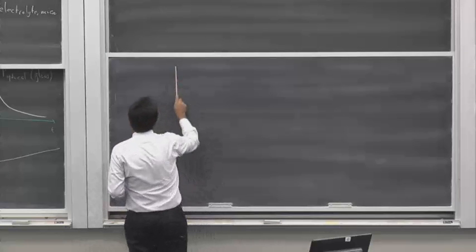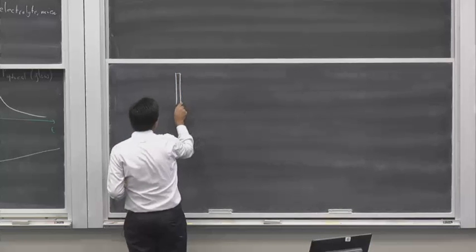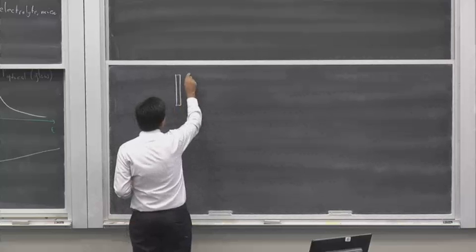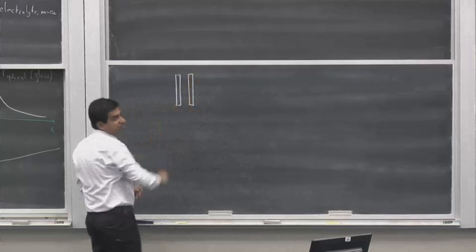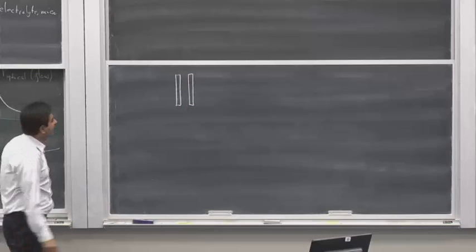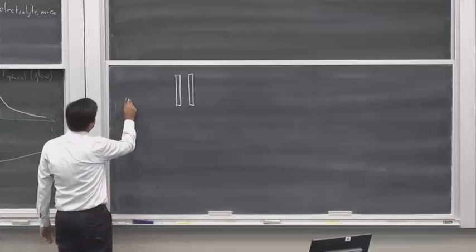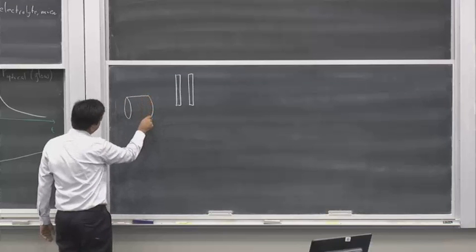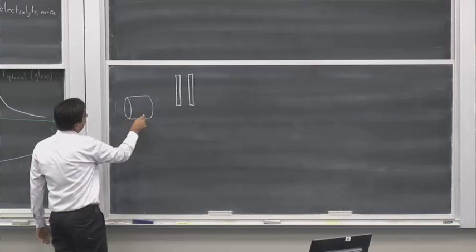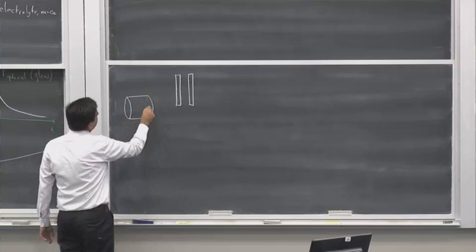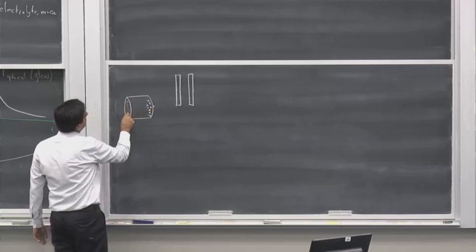I have a parallel plate capacitor. Once again, it carries no charge on it. And I have a battery. And this is the positive terminal of the battery, so it has a reservoir of charge. This is the negative terminal of the battery.